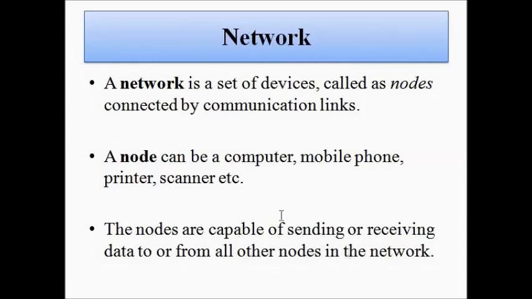So this is what a network is. We'll discuss the various types of network, and in detail there are many things related to these. These are just the introductory concepts to get us all acquainted with this whole lot of things.